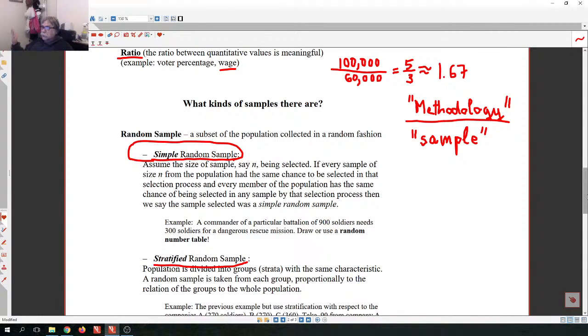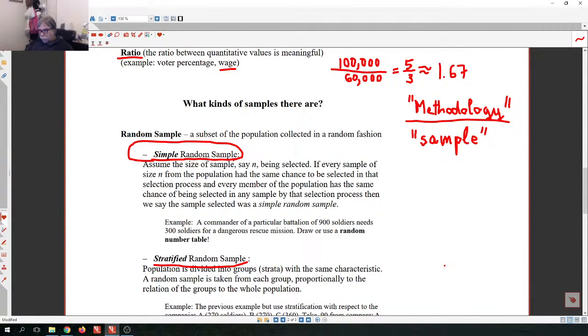For example, by some stroke of luck or coincidence, you could end up with a sample made out of the first 300 people on a roll in alphabetical order, right? It's possible, but we don't expect that this kind of collection would be worse than the other four that I just mentioned.